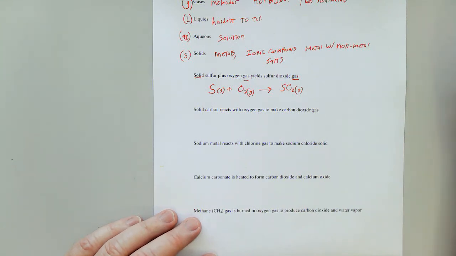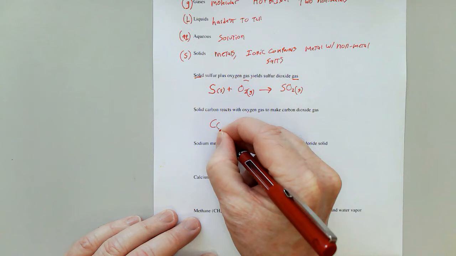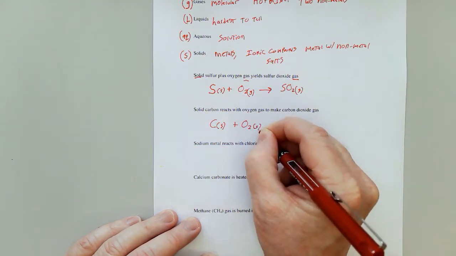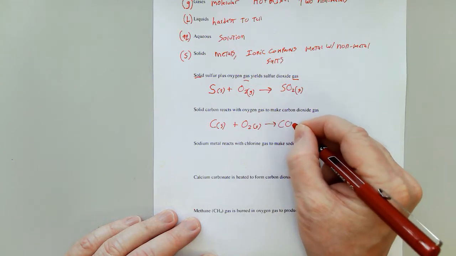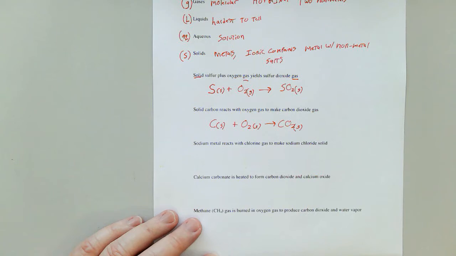The next one. Solid carbon reacts with oxygen gas to make carbon dioxide gas. Well, carbon, solid, plus O2 gas to give me CO2 gas. Something that can be a little tricky here for those of you who make the connection: carbon has different allotropes.